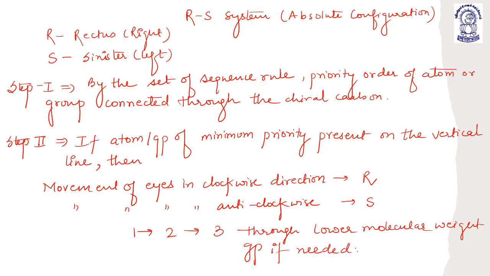For example, now see, this is the Fischer projection. 1, 2, 3, 4. Understood? So, if you can see, we are moving from 1 to 2, 2 to 3, 3 to 4.